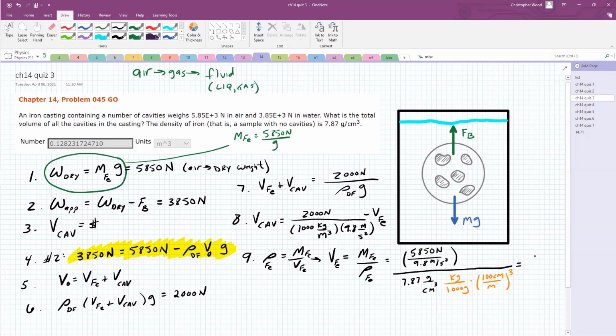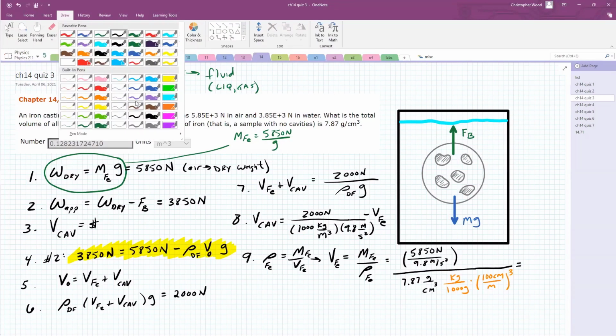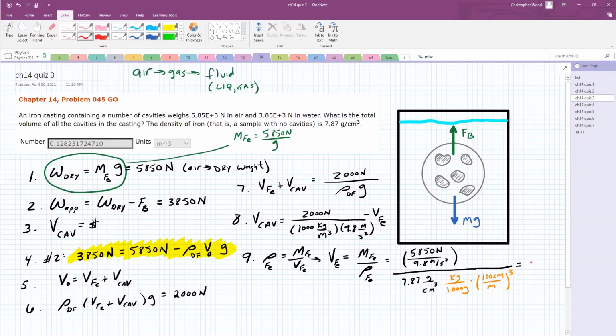So what is that? 5850 divided by 9.8 divided by 7.87 divided by 1,000,000, times 1,000. I'm going to double check, store alpha A. I am getting the same answer twice. So whatever that number is, it's now stored in calculator memory location A.